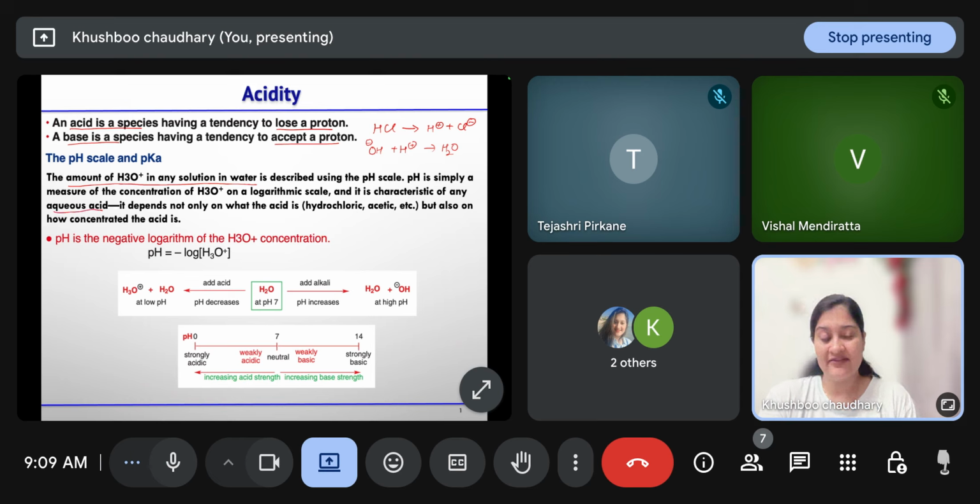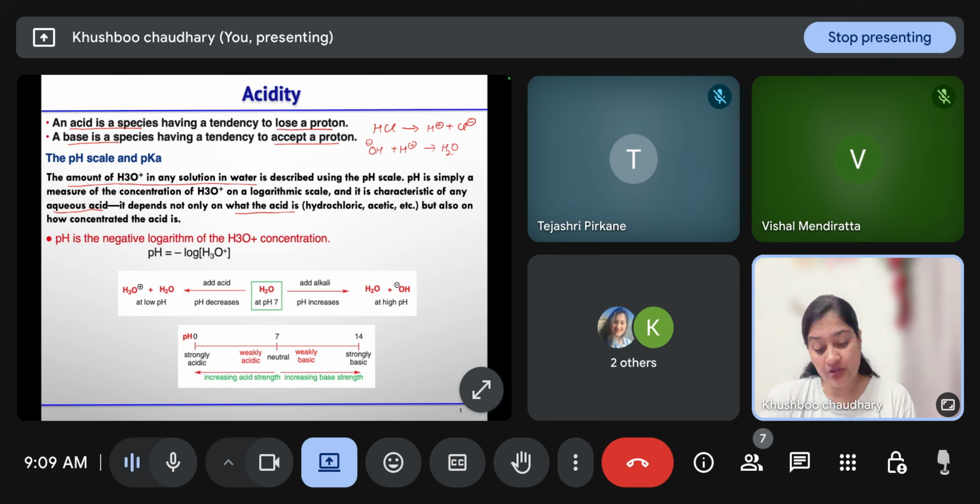So if we are talking about pH, that means we are dissolving that acid in water, and how much hydronium ion concentration it can produce, pH will tell us about that. The pH will depend on what type of acid it is, whether it is a strong acid or a weak acid. If it is a strong acid, then the pH will be close to 0, which means there is more concentration of hydronium ions.